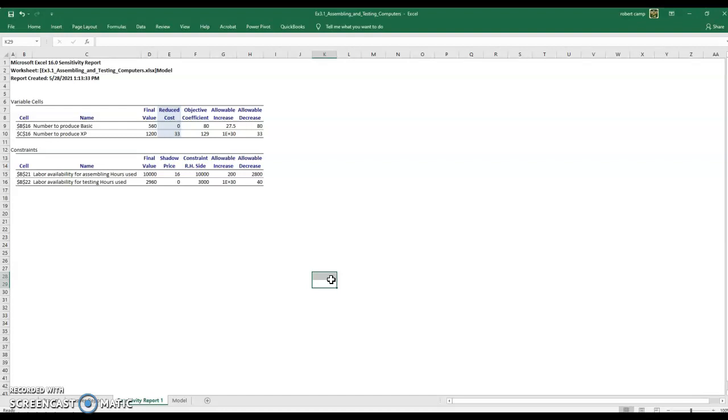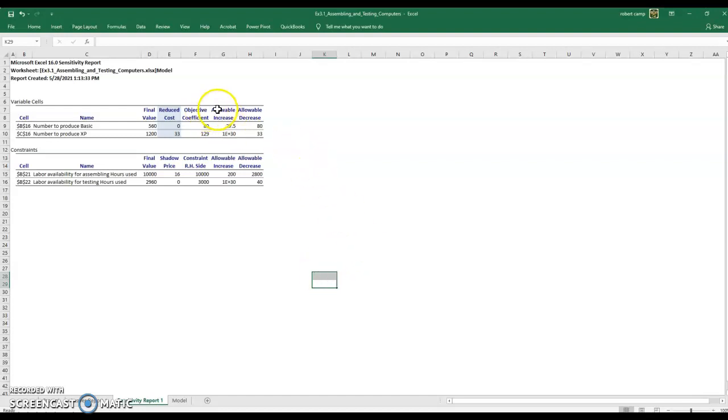Now, if I look at the XP computers, it says reduced cost 33. If the profit margin on the XP computer decreased by more than $33, that is going to change the mix. So if I go and I reduce the profit margin on the XP by $34, then we'll get a different answer from Solver, because it will need to prioritize things differently.